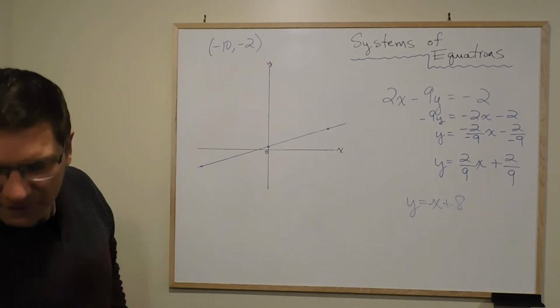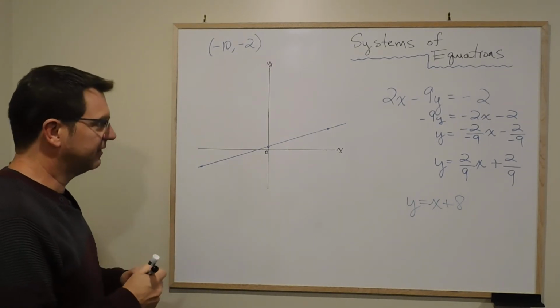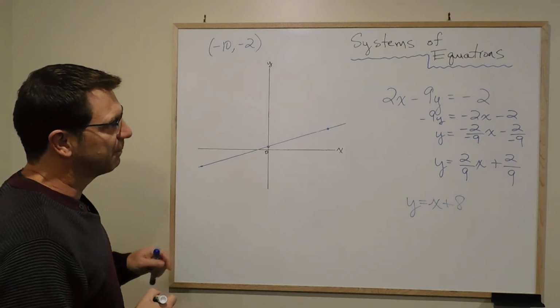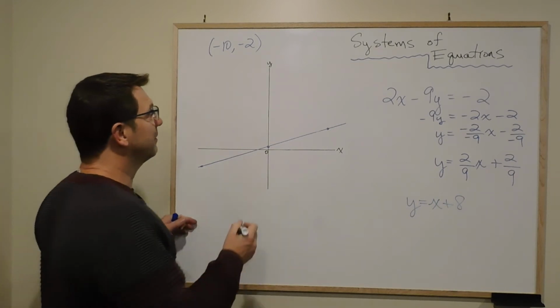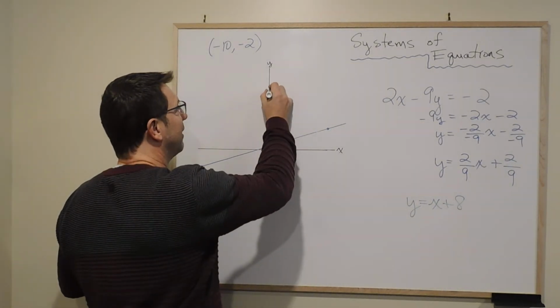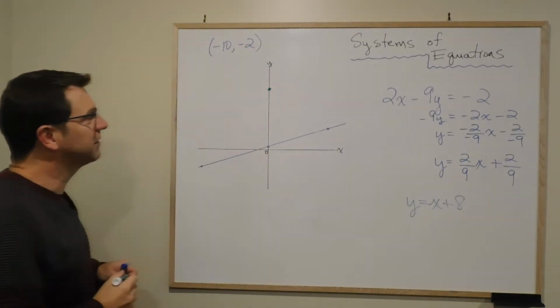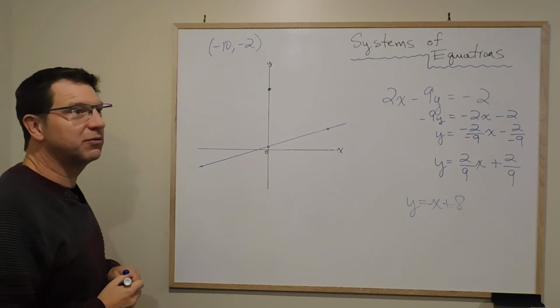Okay. Now the other one, the green one, is a little different. It's y equals x plus 8. So we're up at +8. We're way up here. And our slope is going to be a lot steeper, right? Because our slope is 1.